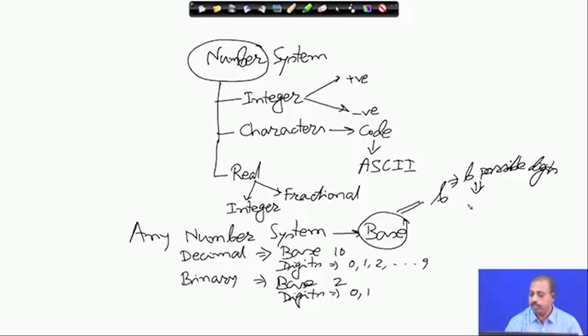These digits are marked as 0, 1 going up to b minus 1.